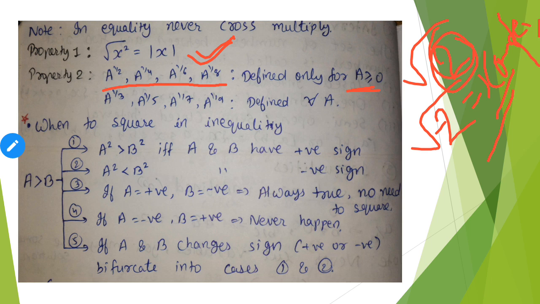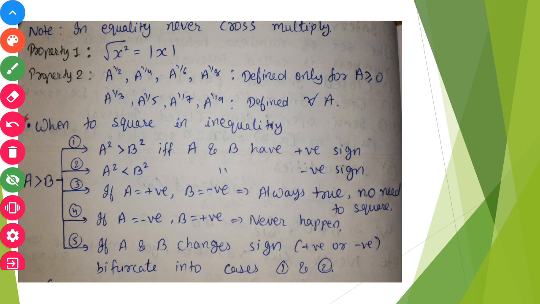And if it is a raised to 1 by 3, then we can use any a. For example, x cube root. We can also write x raised to minus 1 by 3 is equal to minus x raised to 1 by 3.